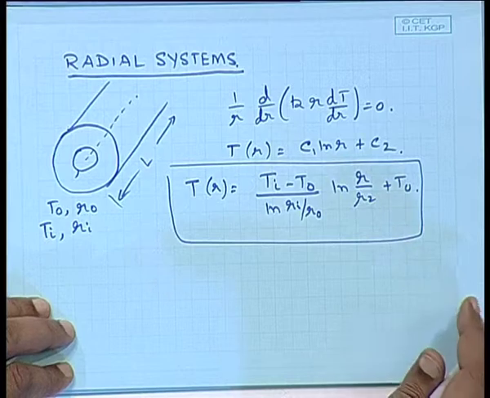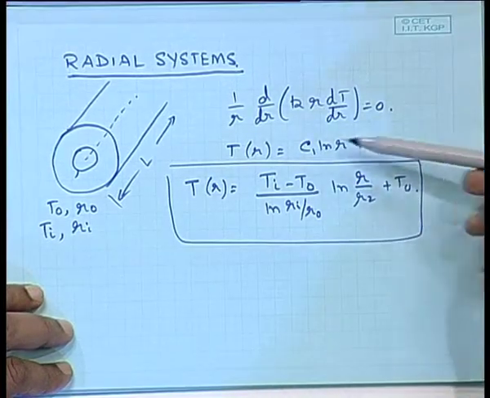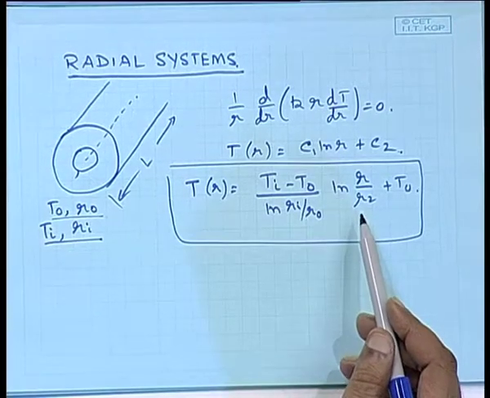So, instead of a straight line case, you are going to get a logarithmic distribution of temperature. You simply find out C1 and C2 using these two boundary conditions, and this one would result, which I skipped.